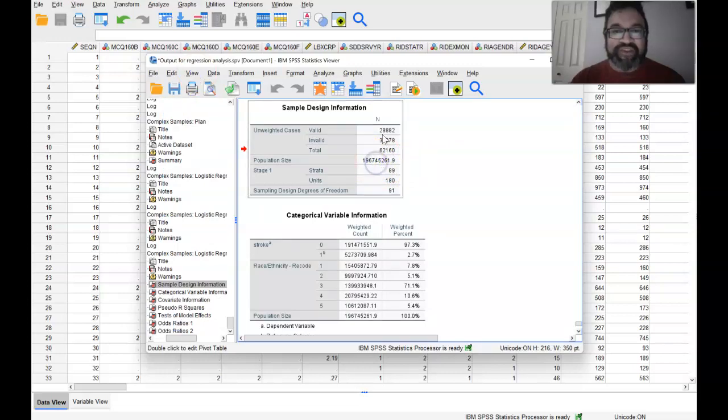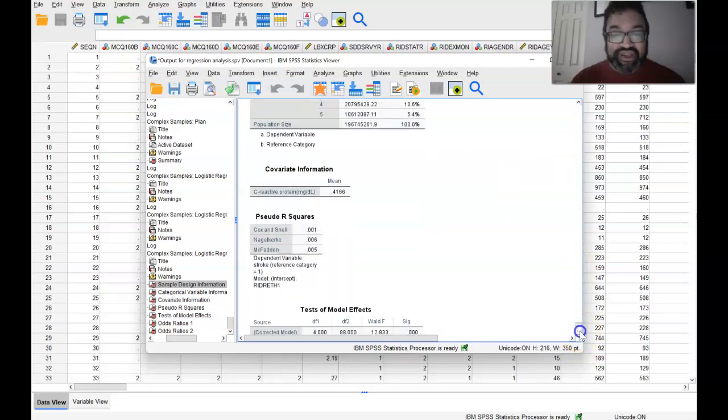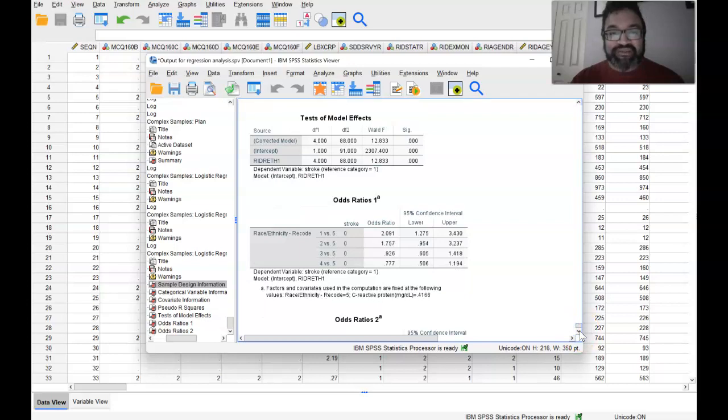So even though the valid number of individuals included within your analysis is 28,000, this is actually representative of 196 million people. So you are looking at the representation of 200 million people within this analysis. That's a lot of people, and to be able to do that with this technique is quite powerful. So I hope I'm able to illustrate the importance of using something like this.